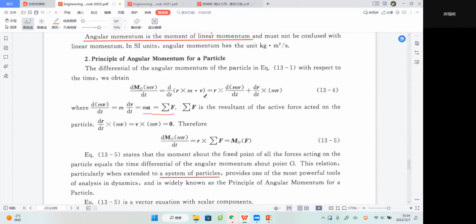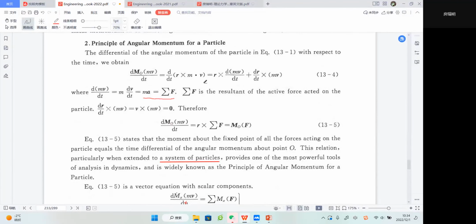So here we have d(mv)/dt, which will equal F. So this part is just the same as r cross product sigma F, right? Then we look at the second part, dr/dt, because dr/dt is v.